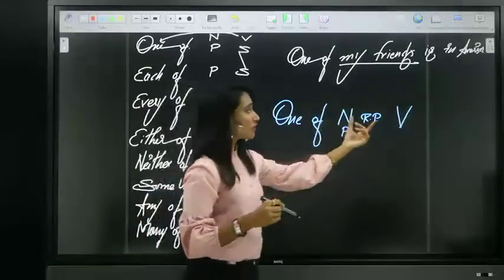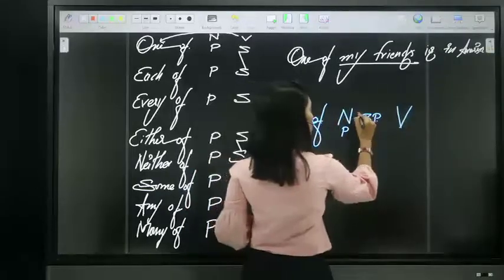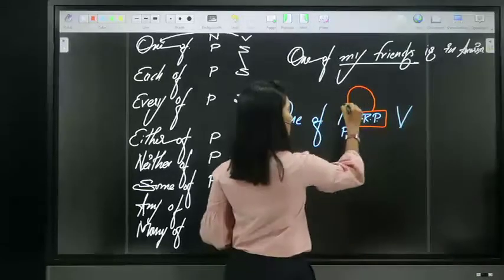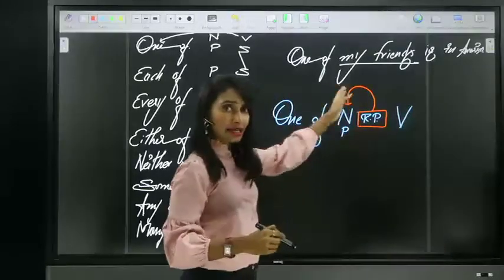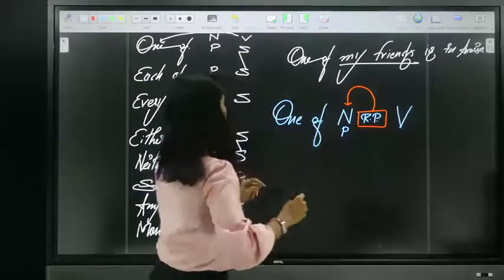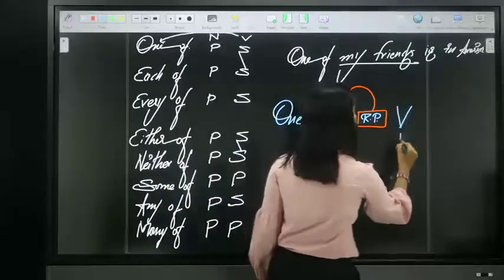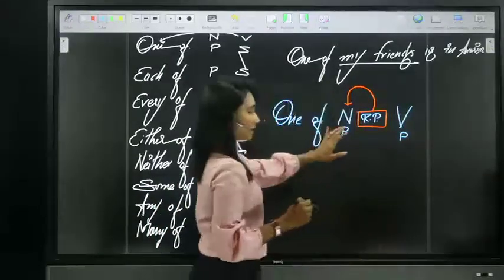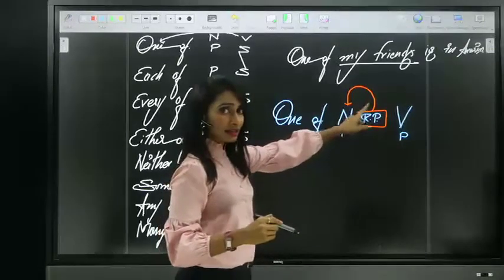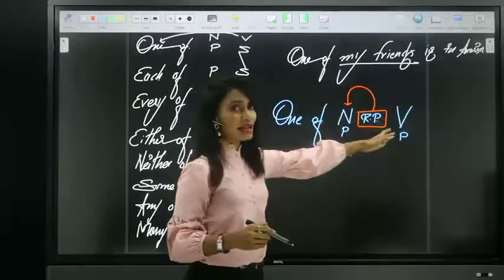A relative pronoun generally relates some information with the noun that comes before. So remember, the subject of the relative pronoun is its antecedent, the previous noun. Now the antecedent is a plural noun, so the verb must be plural. This happens only when there is a relative pronoun. Hence, we require a plural verb.